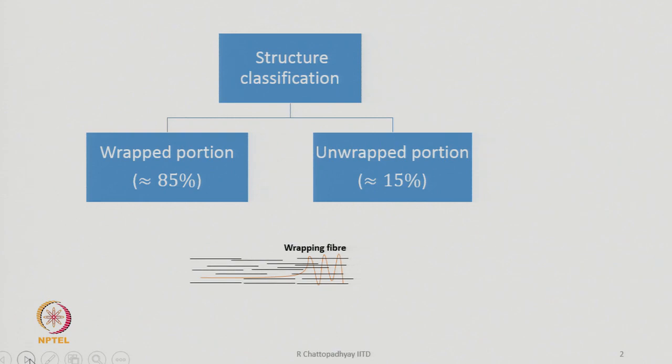Here in this particular diagram we are showing a typical fiber which is wrapping the core as well as becoming a part of the core. In air jet spun yarns there are many fibers like this, as shown by the orange color.